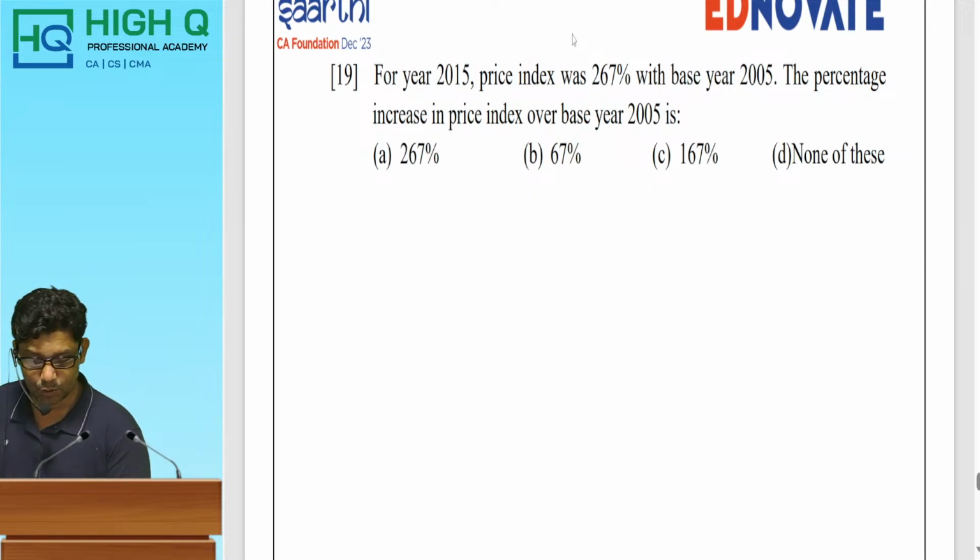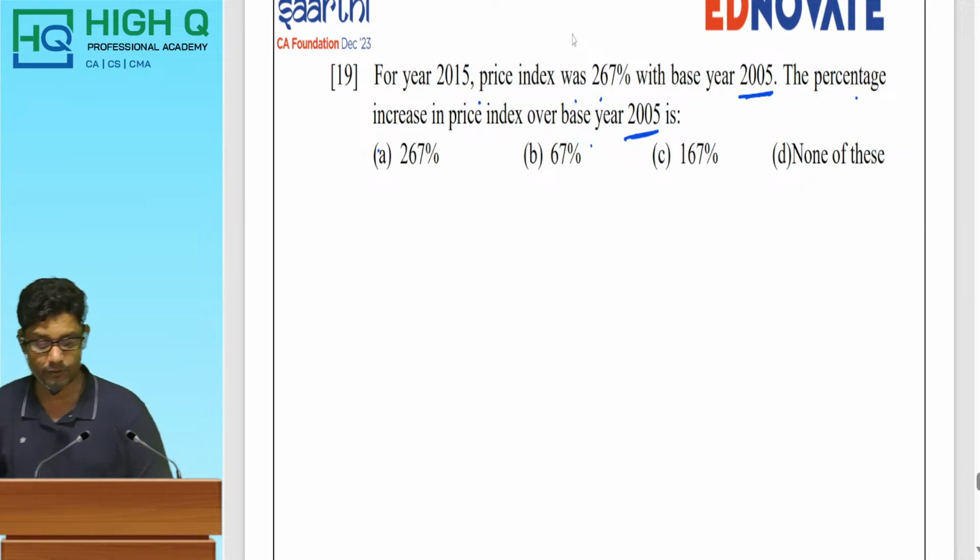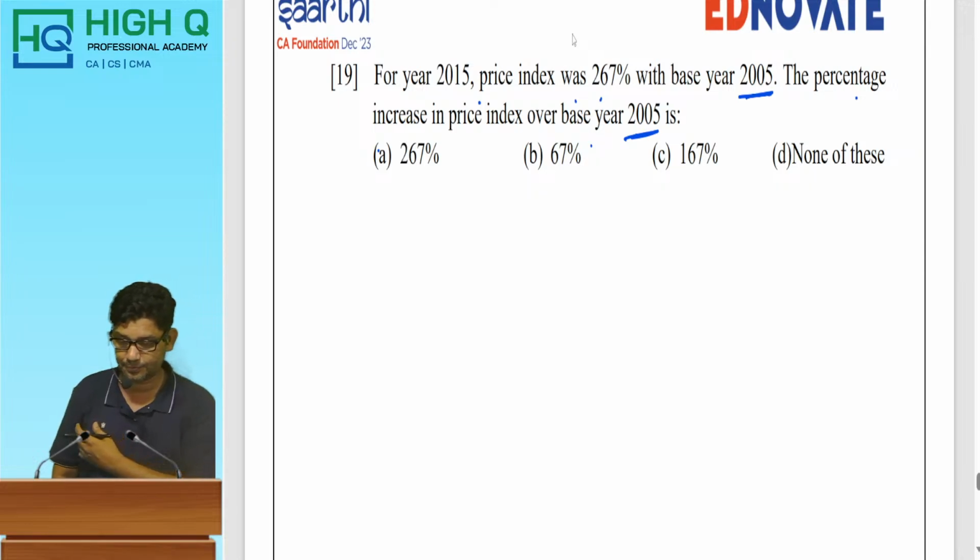Now, for the year 2015, the price index was 267% with the base year 2005. The percentage increase in price index over base year 2005, very difficult.